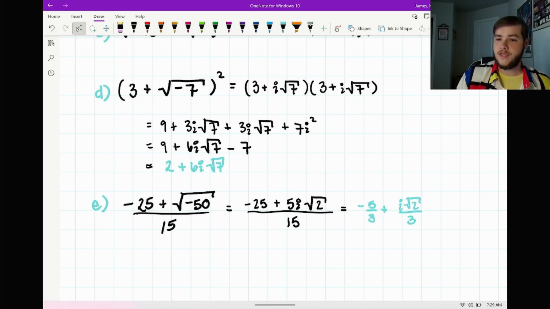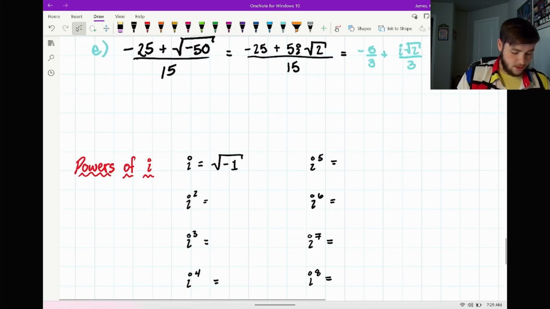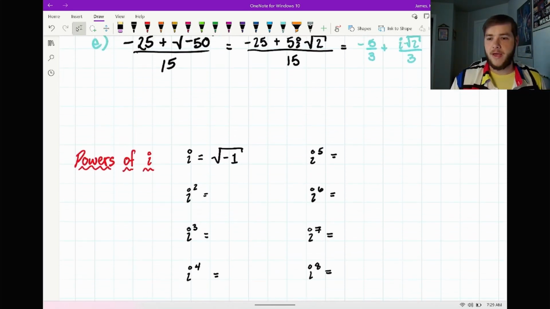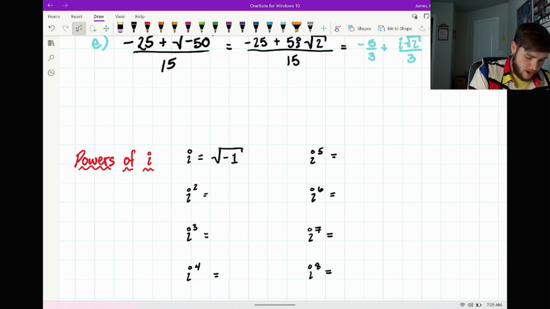So, we've talked about how to take principal square roots. Now, let's talk about how to take higher powers of i. Remember that i is the square root of negative 1, and we used that reasoning to justify that i squared should be negative 1.